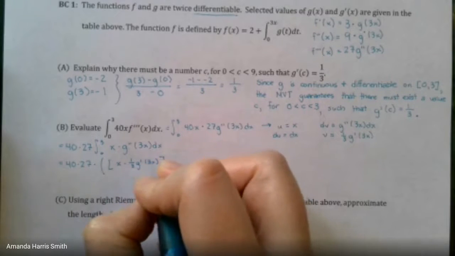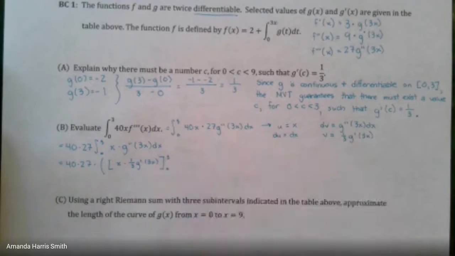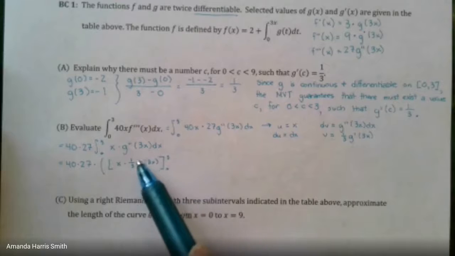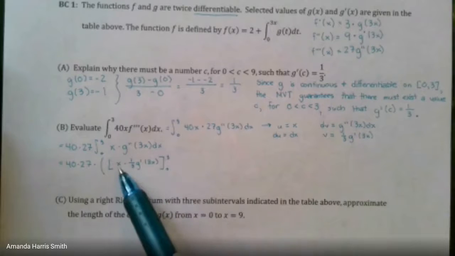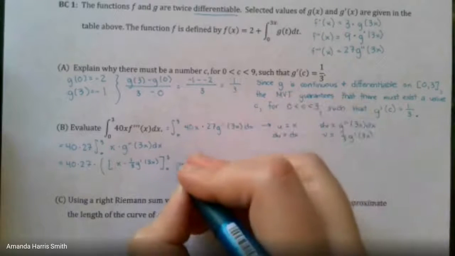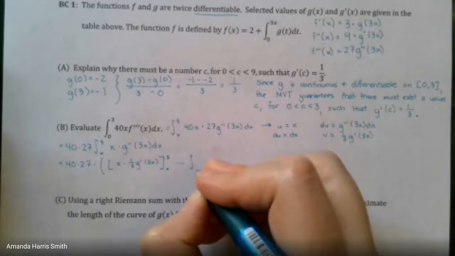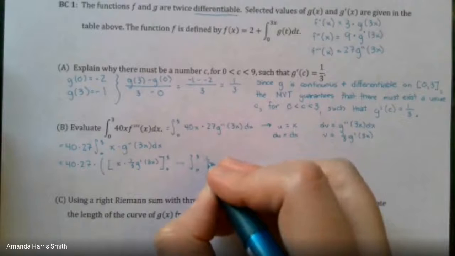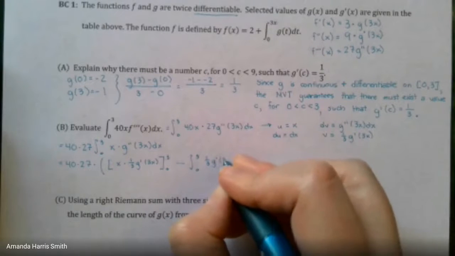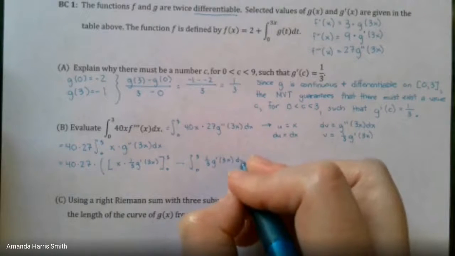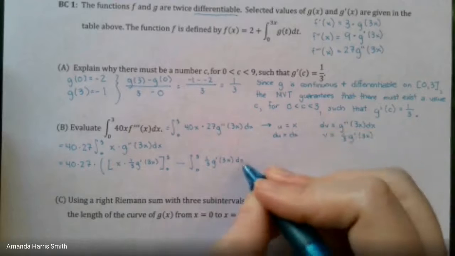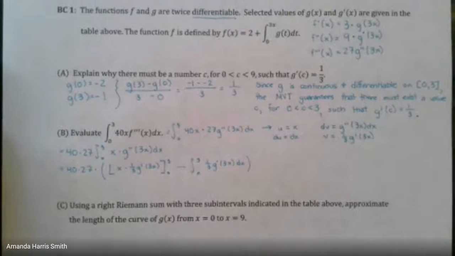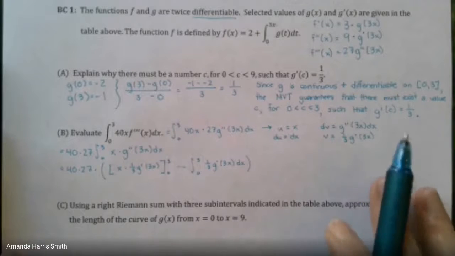I'm putting that in square brackets because that's already an antiderivative, so I'm going to have to evaluate f of b minus f of a for that. uv minus the integral of v du, so 1/3 g prime 3x dx. See how that dx comes in here and it makes sense for it to be there? That means you're on the right track.